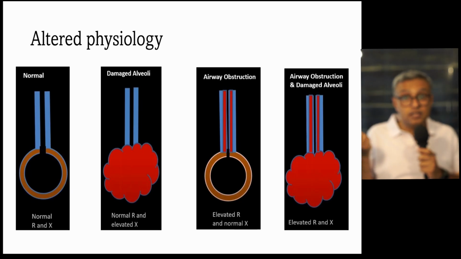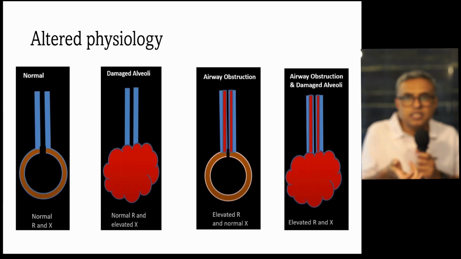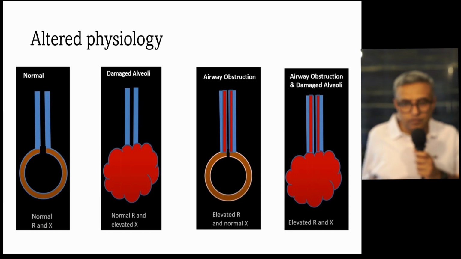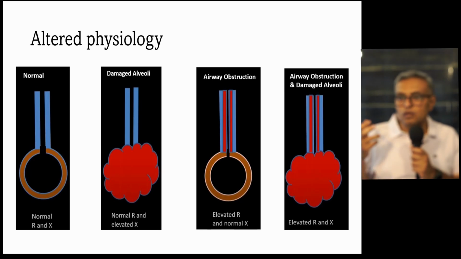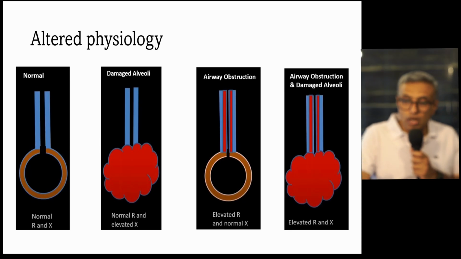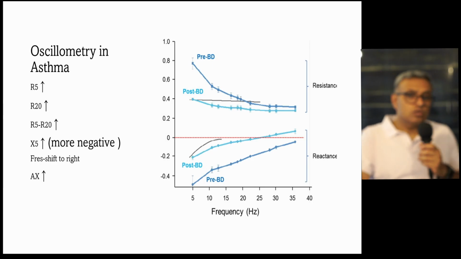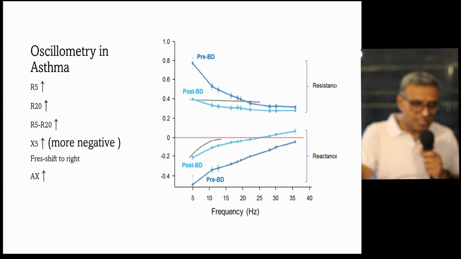If the parenchyma is involved, that is when the X number becomes more negative. In case of airway obstruction, the R factor will be elevated, whereas the X or the compliance will still remain normal. In case of obstruction as well as damaged alveoli, both R and X are increased in number.